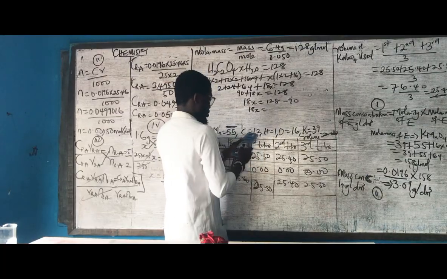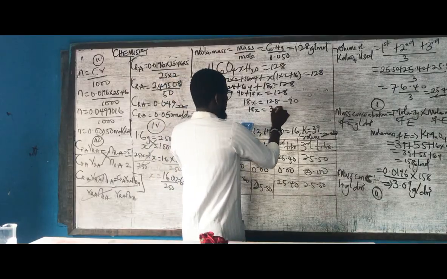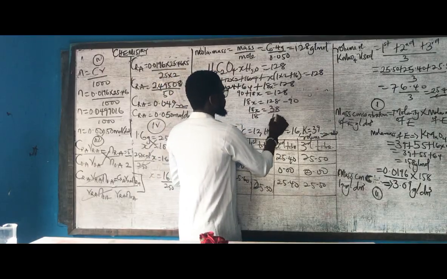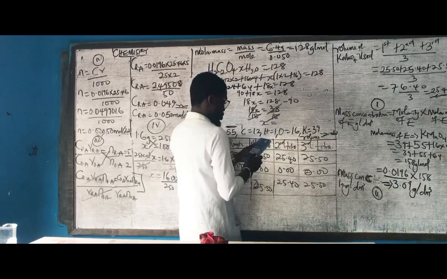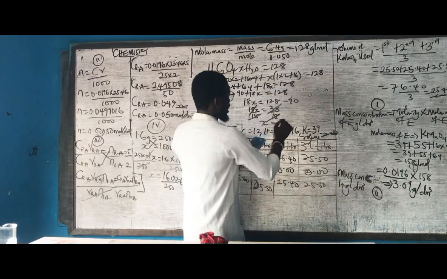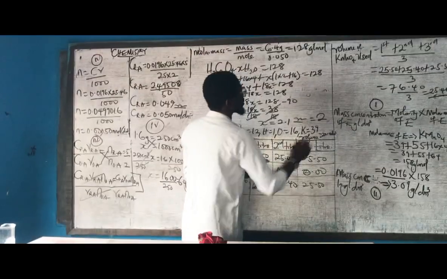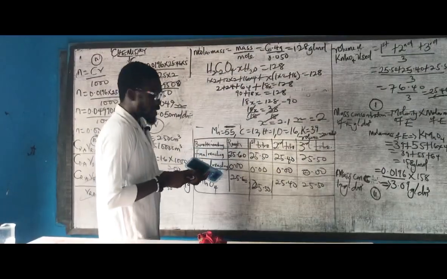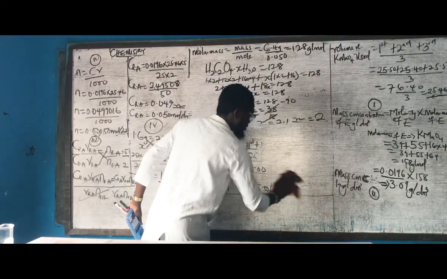We have 38. Divide both sides by 18, and we have our x is equal to 2.1. When we approximate, we have 2.